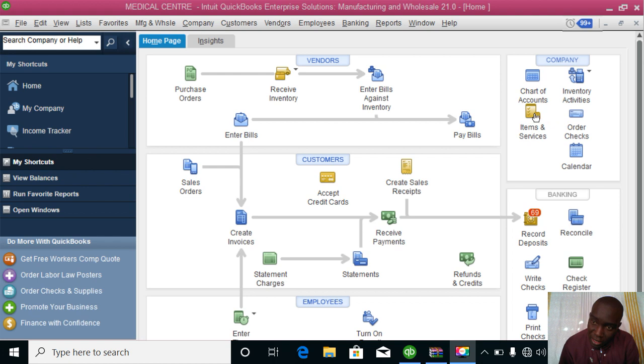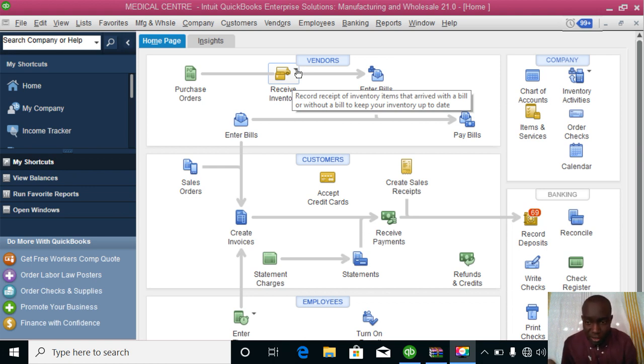We find them here under items and services. Then another important area we shall be using is this one called receive inventory. This is when we have bought new things into the medical center. When you have gone shopping and you have bought, that is the area we shall be using.